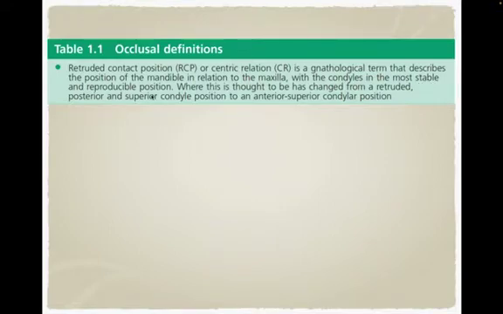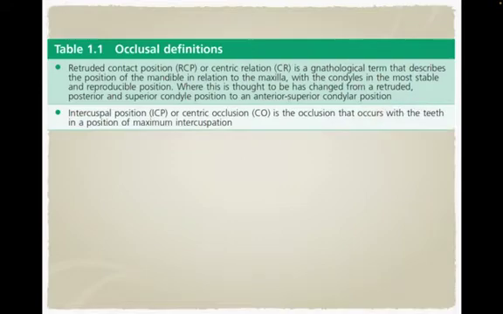Back in the time, we used to think that this was the most posterior superior position of the condyle. However, now it's changed to be the most anterior superior condylar position rather than most posterior superior. So the new one is the anterior superior position.